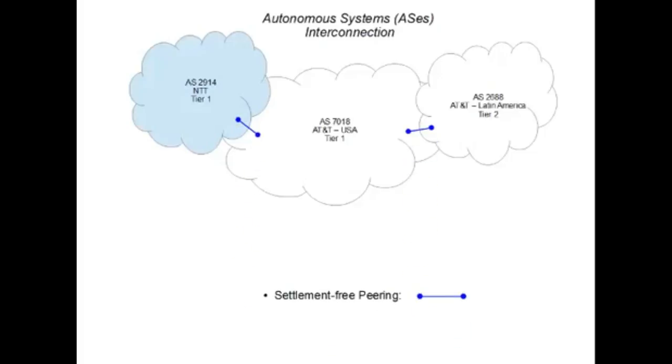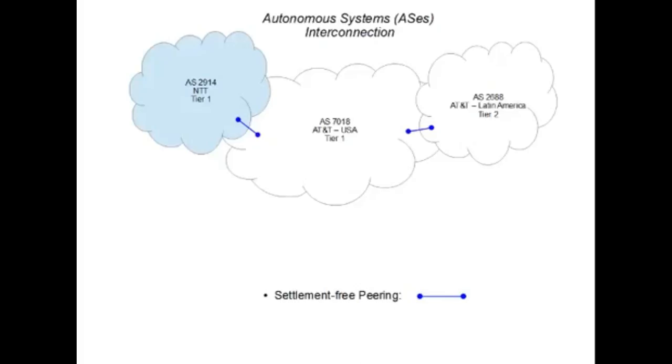There are three methods of interconnecting autonomous systems, and from now on my comments will all apply to the public Internet and the public autonomous systems. The first we've already talked about, settlement-free peering. Settlement-free peering is conducted between Tier 1 networks, but it's also performed between a company like AT&T and their Tier 1 and Tier 2 networks.